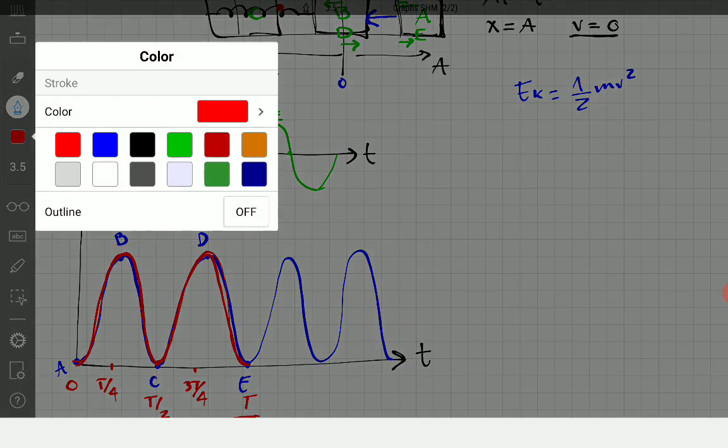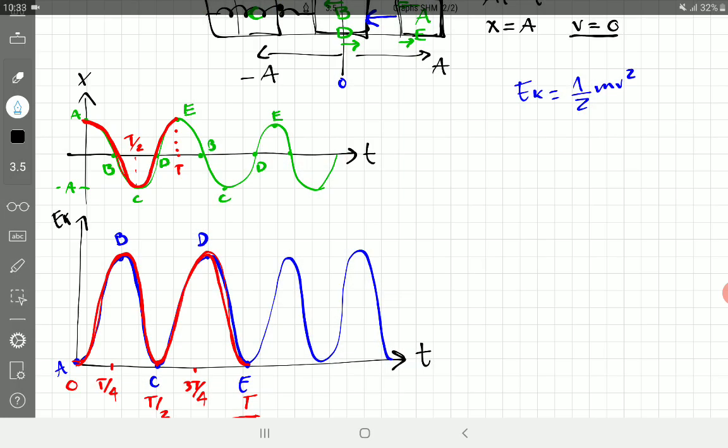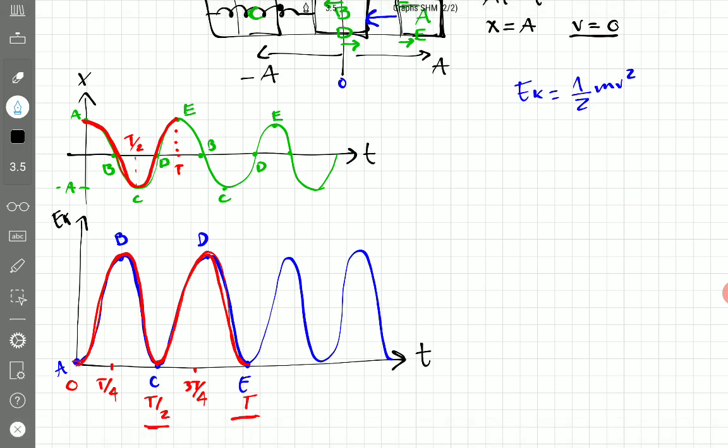So this is a very usual thing to be used in paper 1 questions. Well, sometimes in paper 2, they can give you a graph of energy versus time that is going to look something like this, and they ask you what the period is.